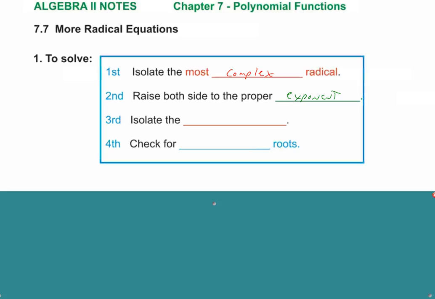After you do that, you are then hopefully able to isolate the variable. That may take some maneuvering. And then you have to be careful to check for any extraneous roots.